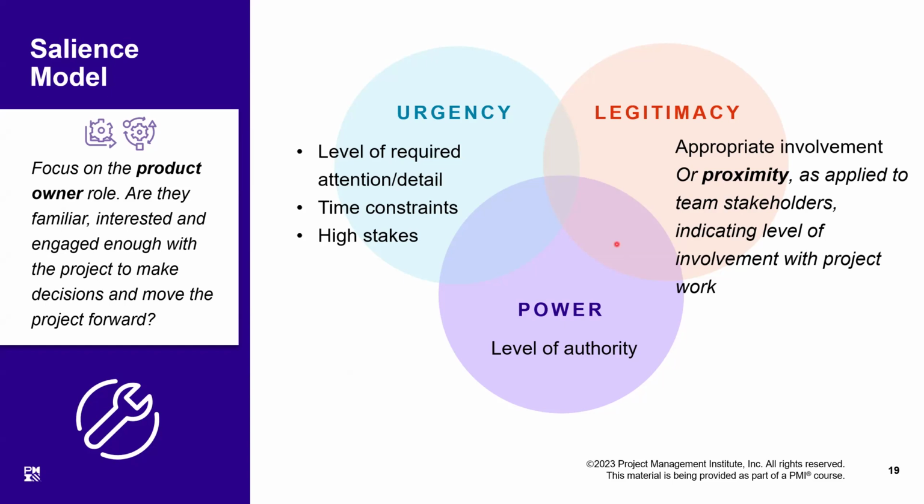Every circle means that all the area within the power circle is high in power. All the area within the legitimate circle is high in legitimacy. All the area within the urgency circle is high in urgency. Talking from the power perspective, the purple circle is high and everything outside of the purple circle is low in power. Do you now understand?